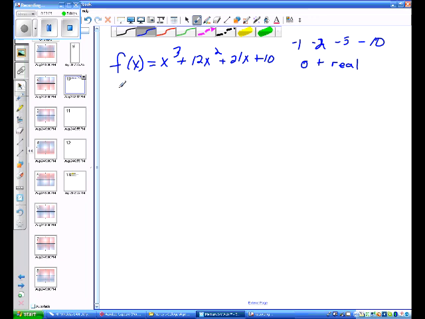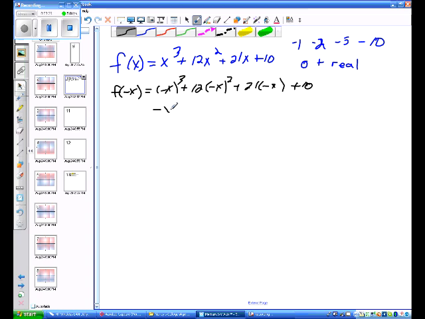If we want to find out about our negative roots, well, we can plug in -x. And again, the ones that are going to change are the terms that are to an odd power.